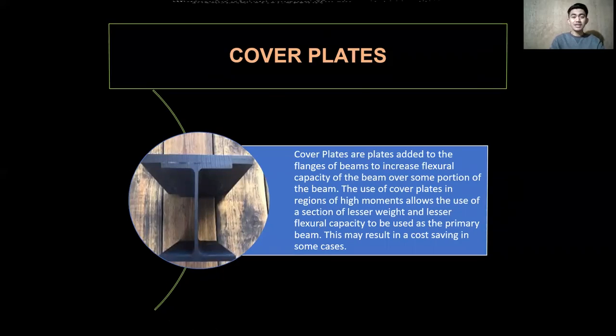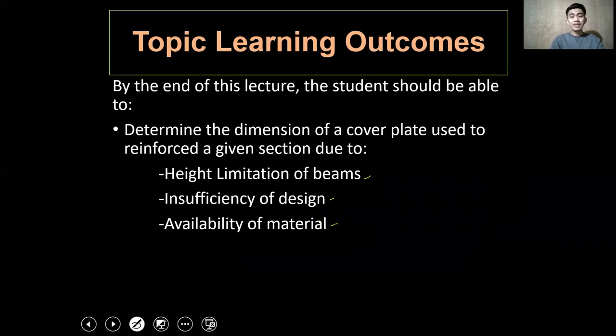So what does this mean? Simply, cover plates now are used to supplement the insufficiency, say for example, insufficiency of design. So, say for example, on a problem, the structural steel that we use is an I section, and the given symmetrical I section is insufficient now to carry the loads which are imposed on it.